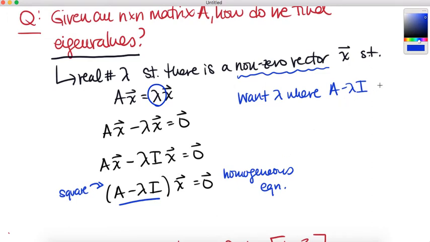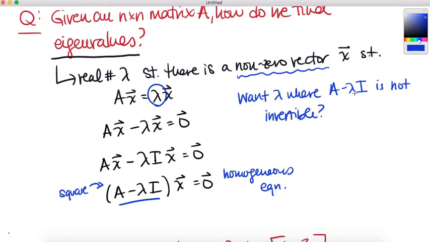Another way to think about it is that it's not invertible. According to the invertible matrix theorem, if there are non-trivial solutions here, all the things in that list will be false. So we want where this is not invertible. That takes our question of how to find an eigenvalue and translates it into another form.